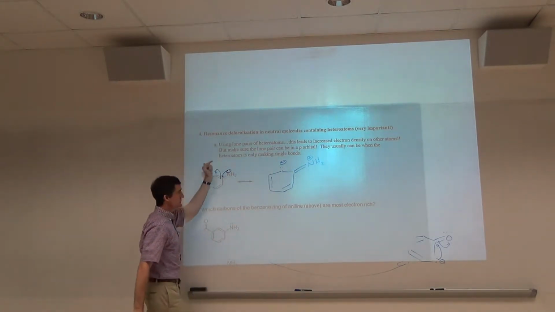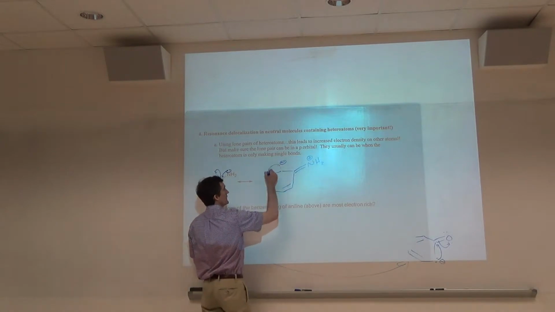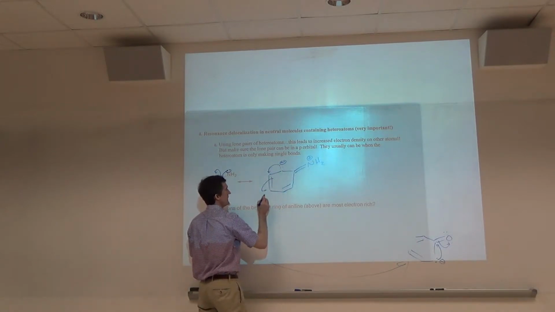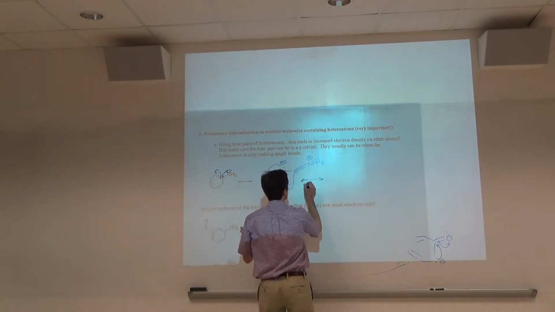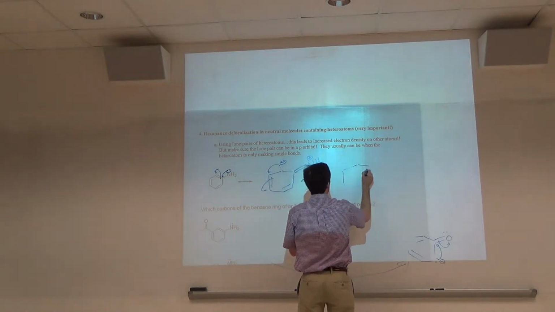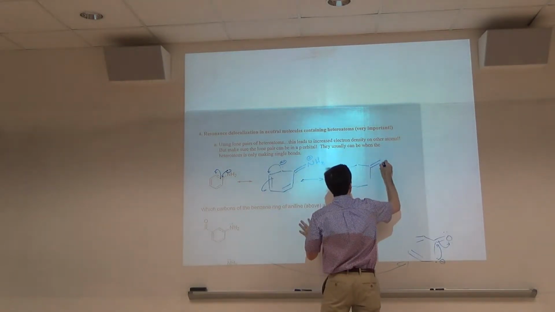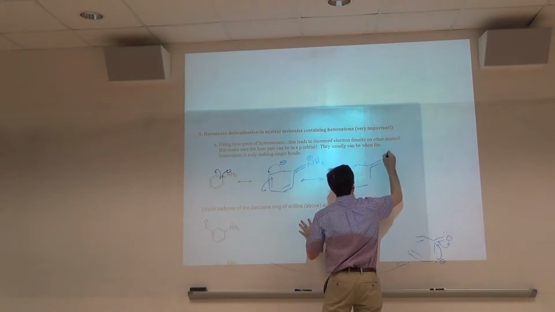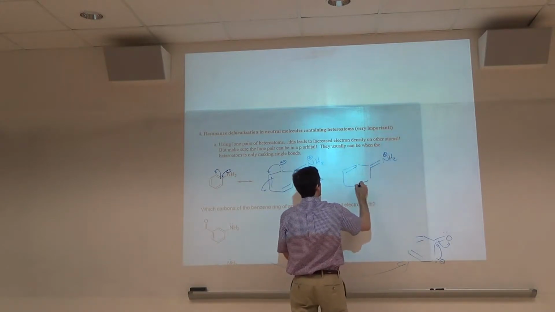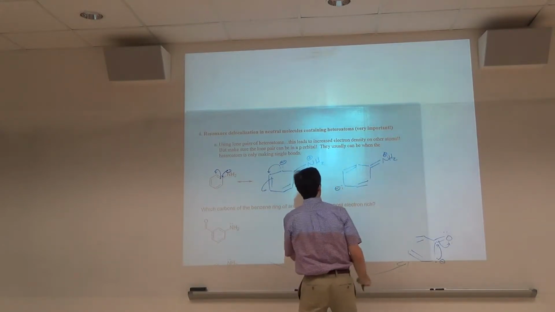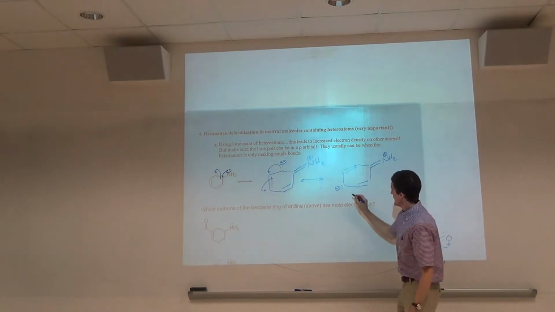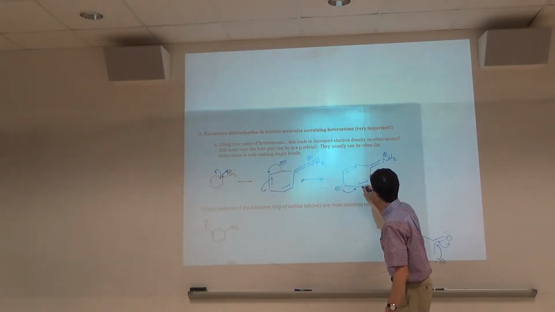Lone pair is a great place to start. We can keep going. Electrons can come here, and they can come out. And it's just like we did on the previous example. Then these electrons can move in, and these can move out.